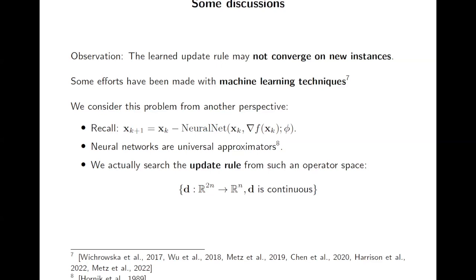Therefore, when we train the algorithm and search over all the possible neural networks, it actually means we are searching over all the possible continuous operators, a very large continuous operator space. The input is this one, and the output is the update direction of xk.